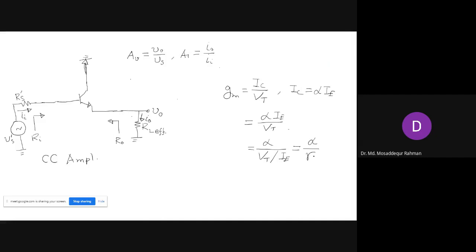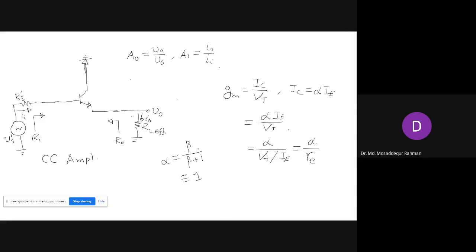So we can write it as alpha by RE. What is alpha? Alpha is beta divided by beta plus 1, and for large beta, beta much larger than 1, this can be approximated to 1.